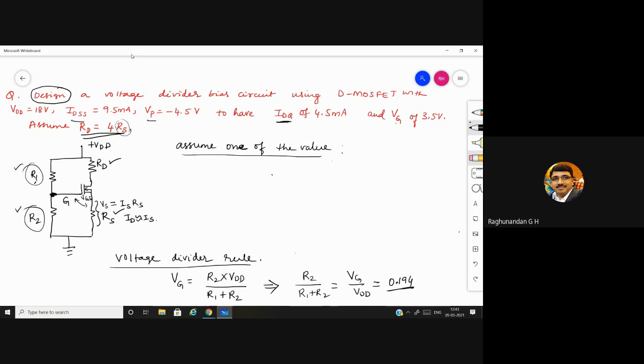For assumption also, you cannot simply randomly assume. There should be some valid reason. Whether I should go for R1 or R2. If R1, why should I go for R1? If R2, why should I go for R2?